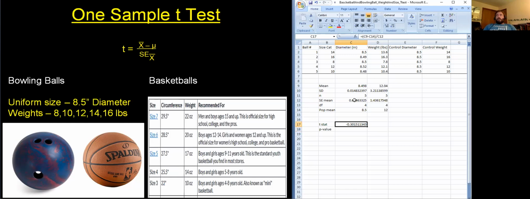But can we just copy this over? Yes, in fact, we can in this instance. In this case, we can see that the mean of the sample at 12.04 is greater than the population mean. So that's going to give us that tail to the right. That's all that plus and minus are indicating for us.